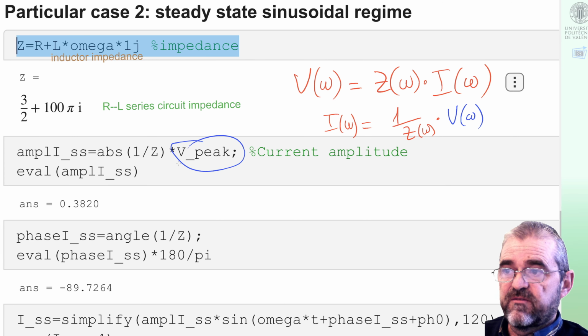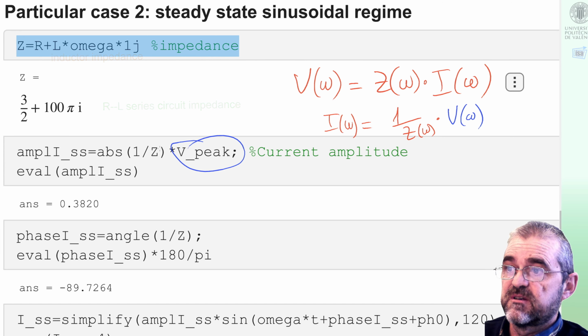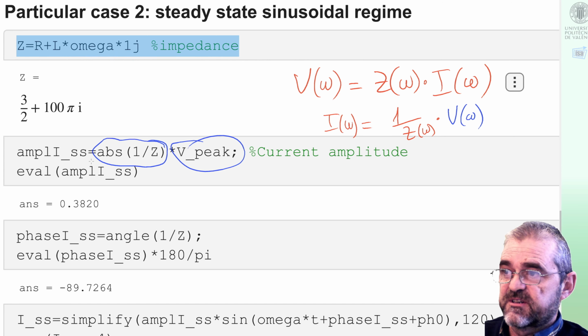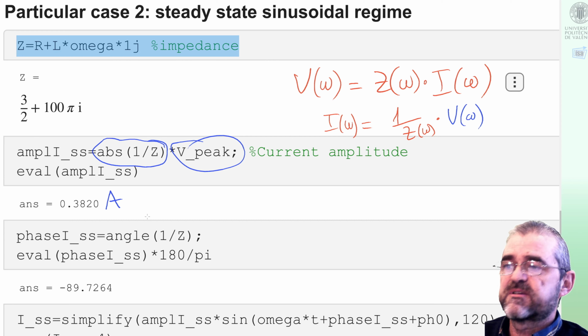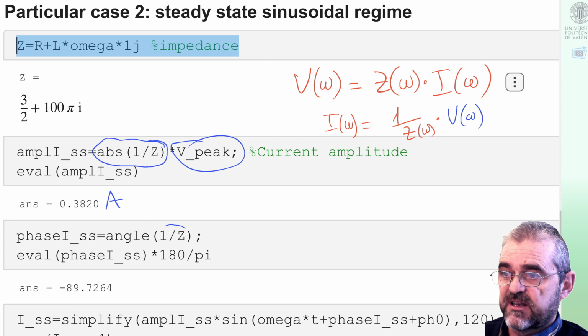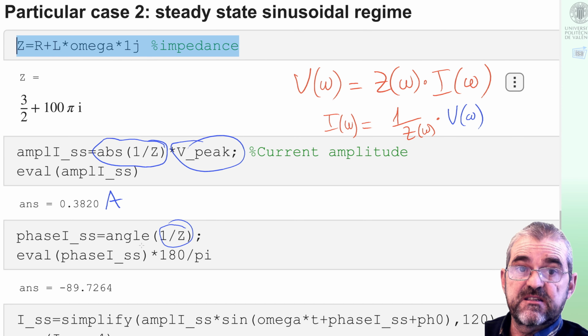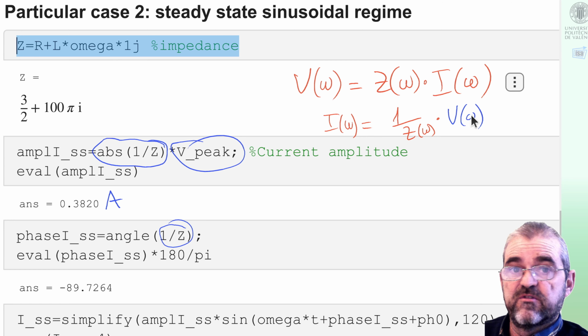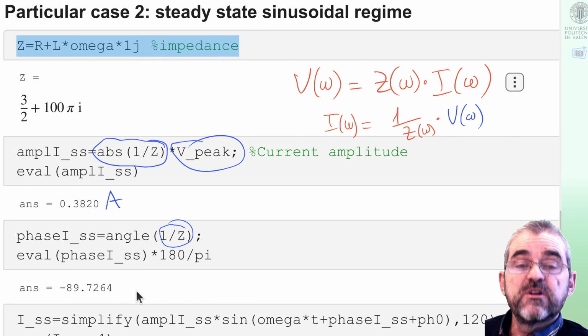Then if I multiply the input voltage by 1 over Z, I get a sinusoidal regime in which the modulus of 1 over Z is the amplitude of the steady state current, which is 0.38 amps, peak current value, and the argument of this complex number gives me the phase shift with respect to the input voltage, and that phase shift is almost 90 degrees because at this frequency the power factor is extremely low in this simulation, let's say.